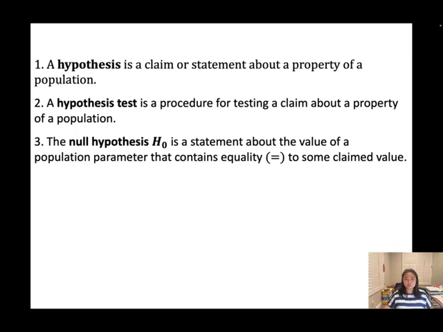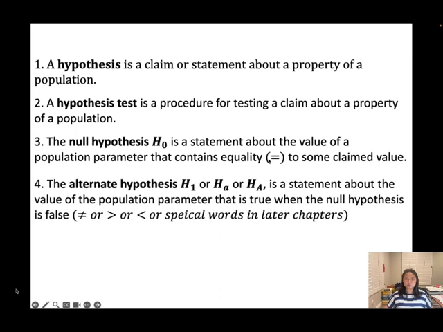The null hypothesis is a statement about the value of a population parameter that contains equality to some claim value. So it has to contain an equal sign. The second one we call the alternate hypothesis. For the alternate hypothesis, we always use H1 or HA, the capital letter H with A. This is a statement about the value of the population parameter that is true when the null hypothesis is false.